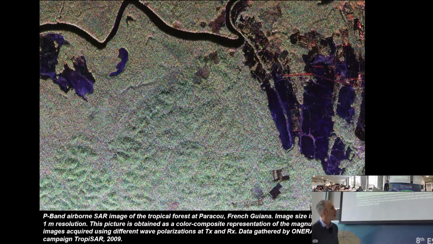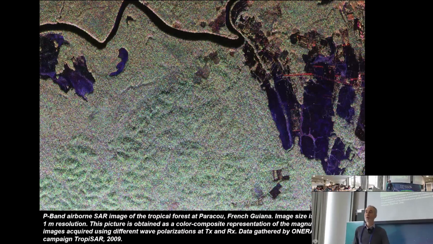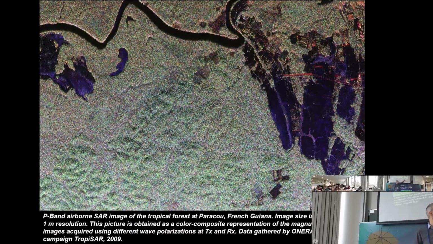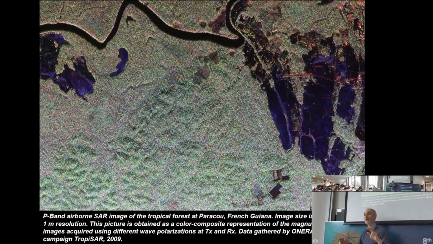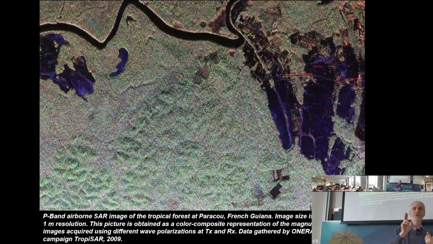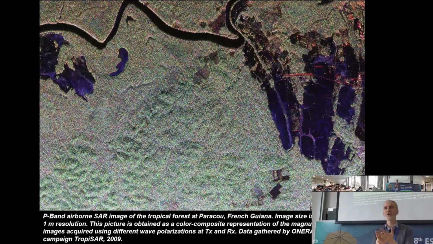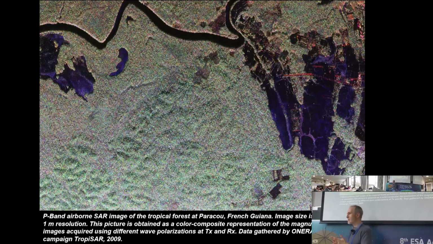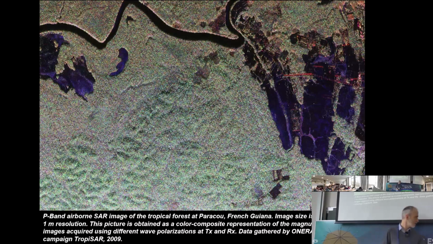Untold too, why the colors? Because those are actually 3 different SAR images that are color-coded. So there is one image coded in red, one image coded in green, one image coded in blue. So this is a color composite image, and those 3 images were obtained by changing the polarization. So this is an advanced course on radar polarimetry.